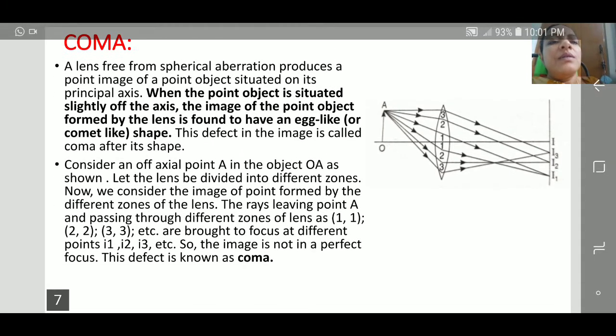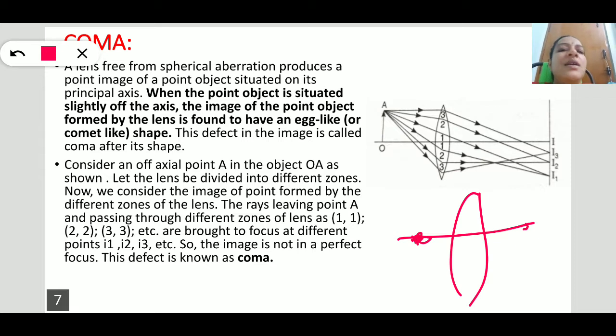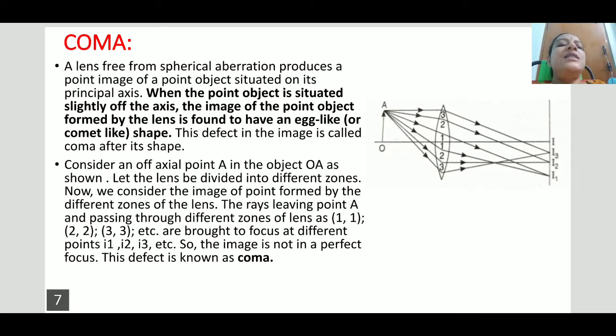Suppose this is the lens, the object is a point object and the image is also a point. Spherical aberration is valid when the object is placed on the principal axis.